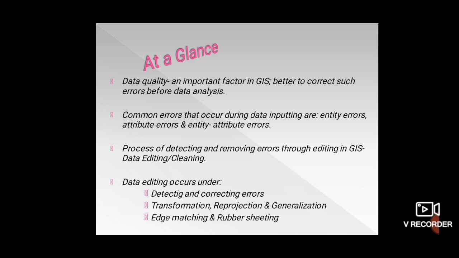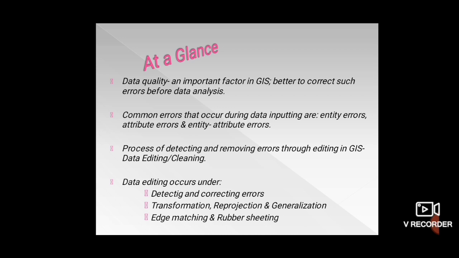We should always correct such errors before an analysis takes place. The common errors that occur during data inputting are entity, attribute and entity-attribute errors. The process of detecting and removing such errors through editing in GIS we call data editing or data cleaning.